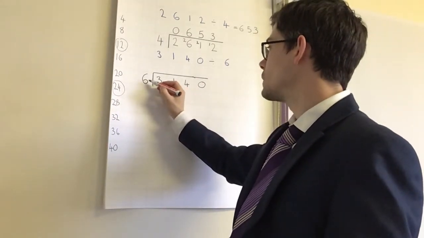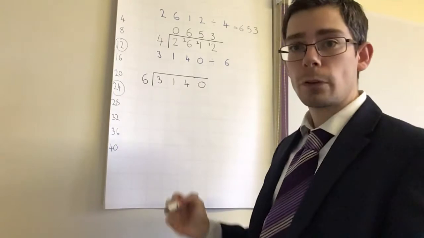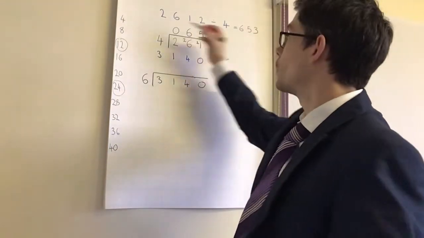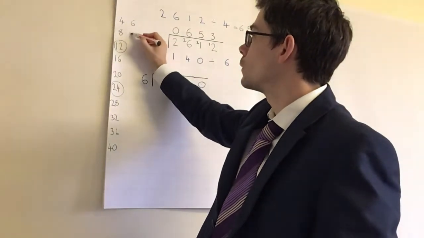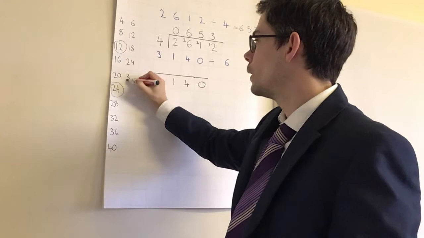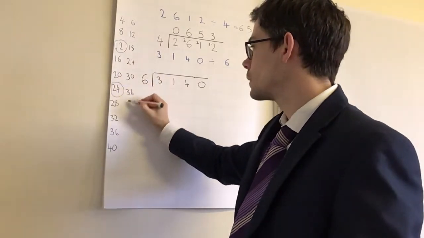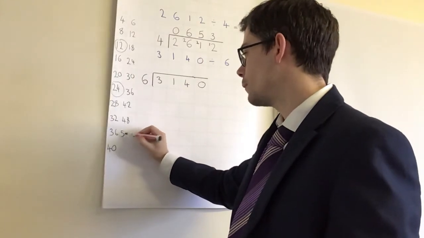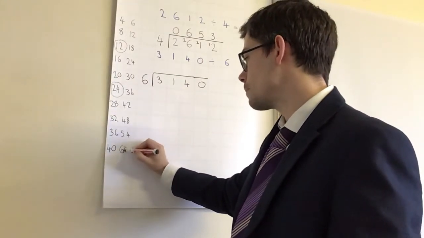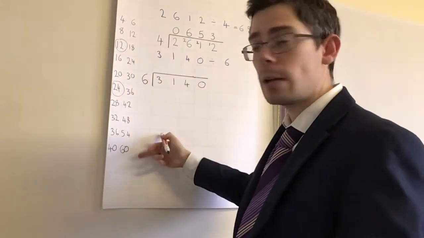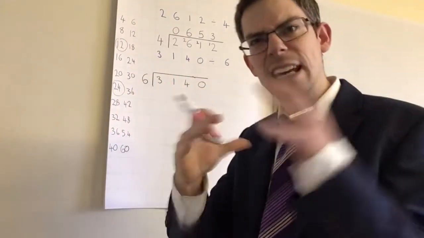So 6s into 3. I might find it helpful to do my 6 times table down the side of my page. I'm going to do it next to my 4 times table. 6, 12, 18, 24, 30, 36, 42, 48, 54, and stop at 60. 6s into 3: 3 does not appear in the 6 times table, so I can't squeeze 6 into 3.